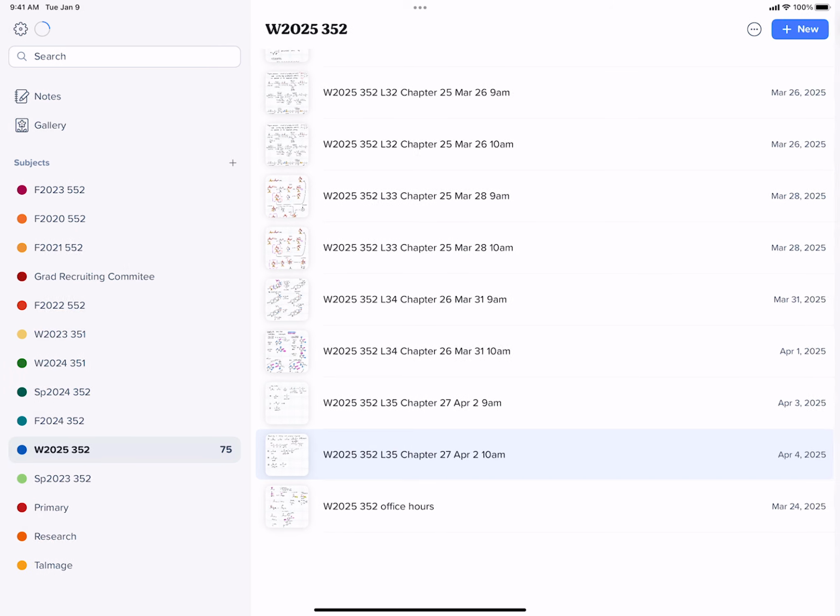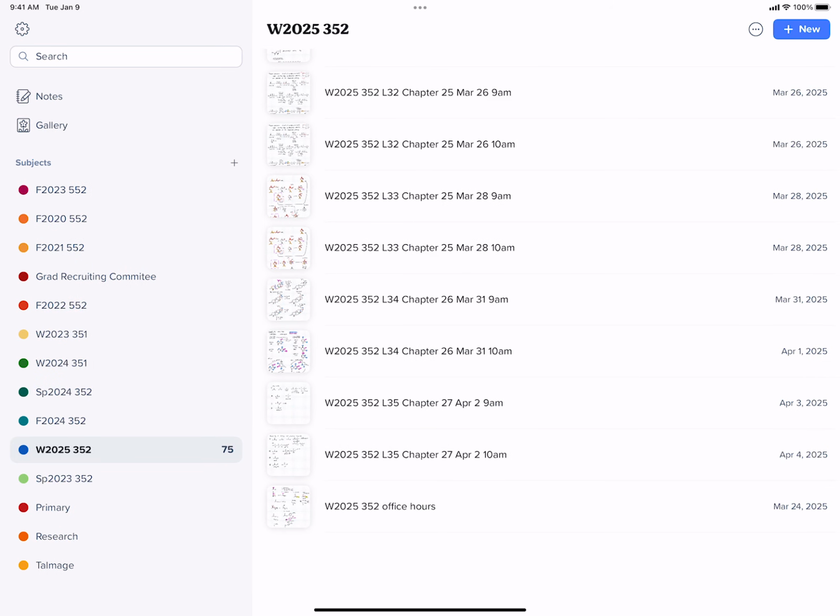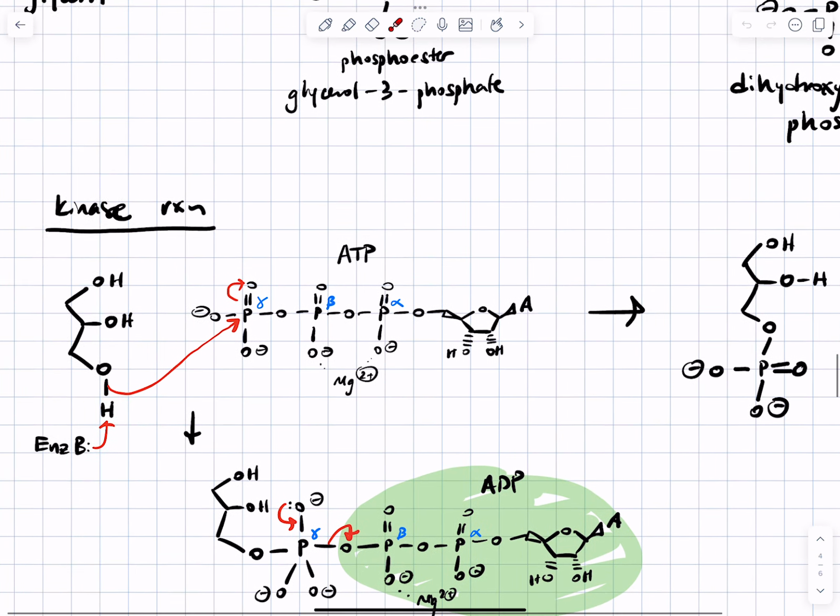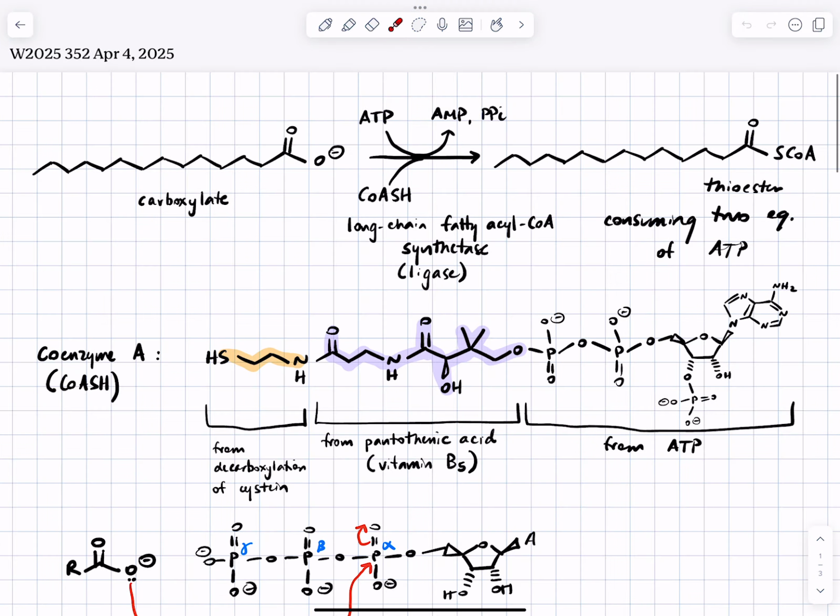The fatty acyl-CoA synthetases activate on the alpha phosphate. And that difference will just be how the ATP binds in the enzyme active site and what functional groups are around it. Okay, others?